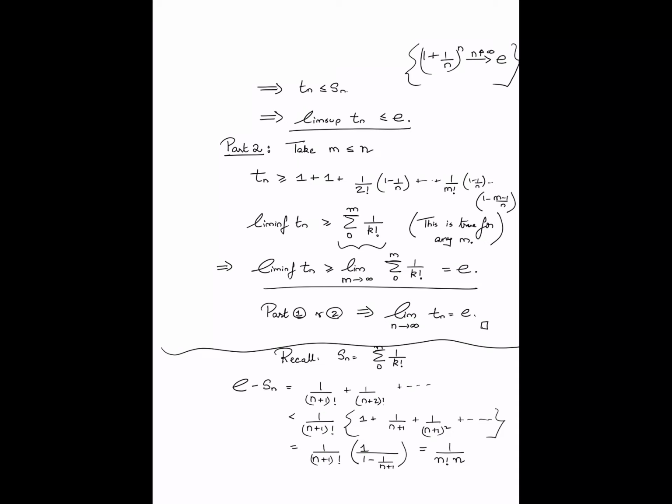Now, n factorial times n grows super fast, so 1 by n factorial times n also decays super fast with n. So it tells you how quickly the error between E and Sn diminishes.